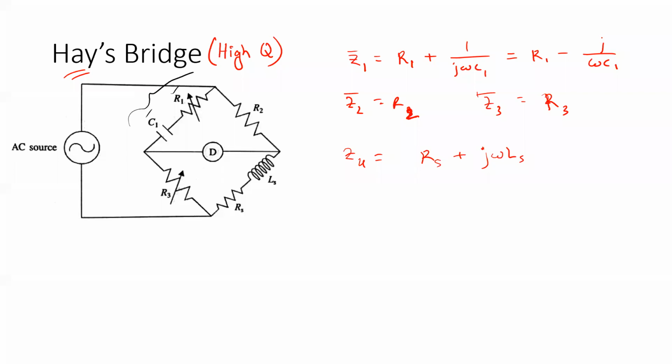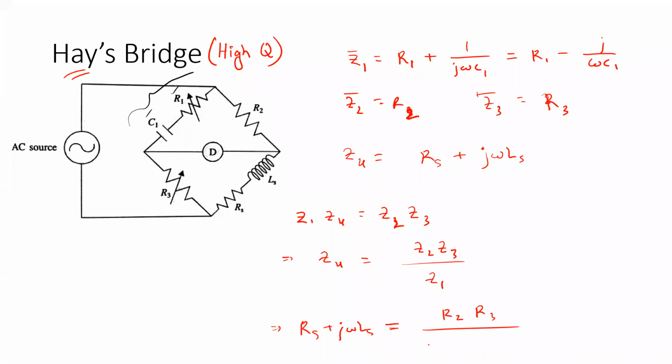So from here on, if I rewrite the balance condition, we can keep RS plus j omega LS on the left hand side, try to simplify the expression on the right hand side, and then similarly as we did for the Maxwell bridge, we can equate the real and imaginary quantities.